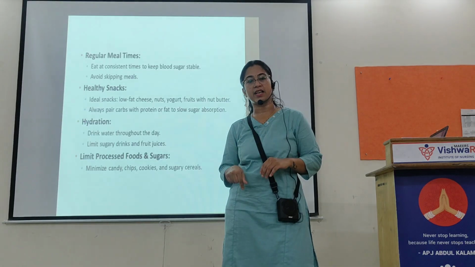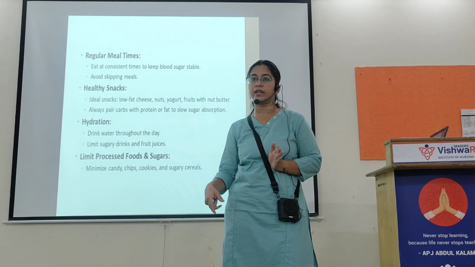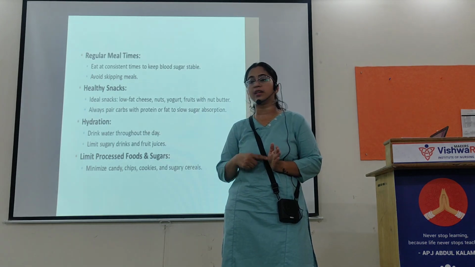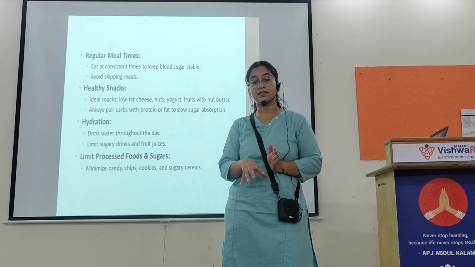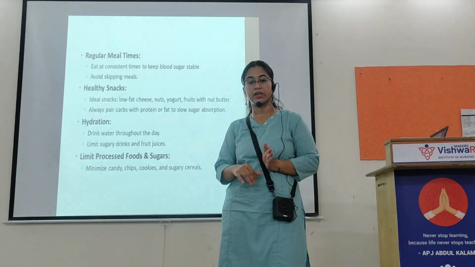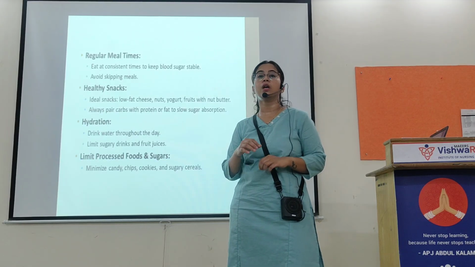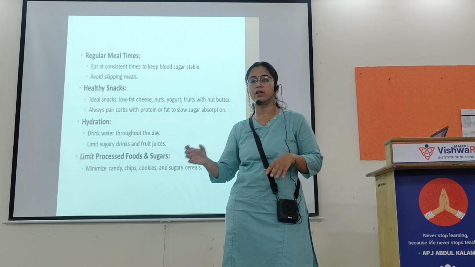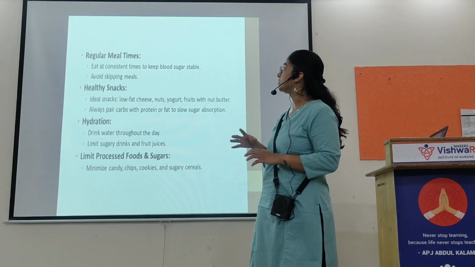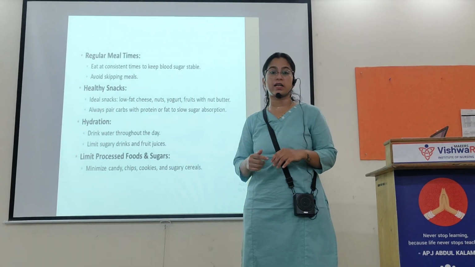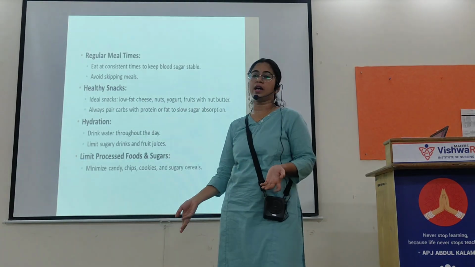But in a child's case, they need energy for growth and for their daily activity, because the child's daily activity is more than the adults. So for these extra activities, you have to include small and regular meals, at a regular time interval. Okay. So avoid skipping the meals because that may cause hypoglycemia or ketoacidosis. So the child can land up in the ICU.